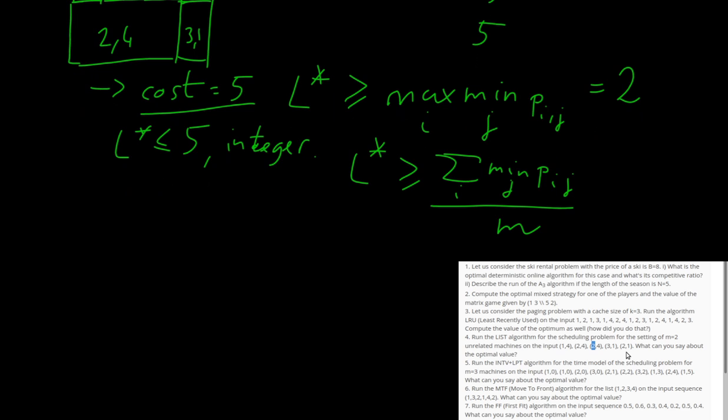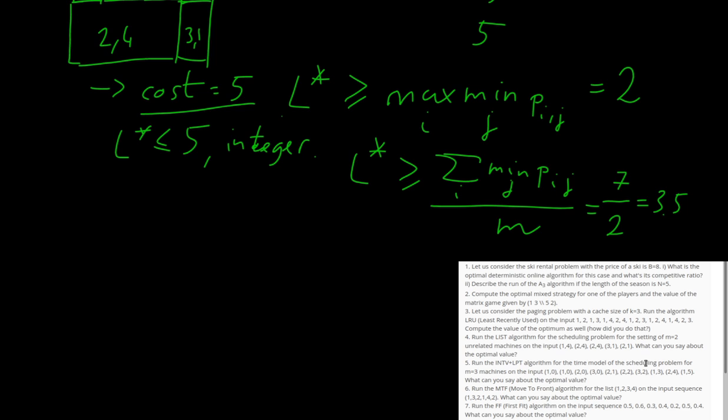In this case it's 1 plus 2 is 3, plus 2 is 5, plus 1 is 6, 7, divided by 2, which is 3.5.